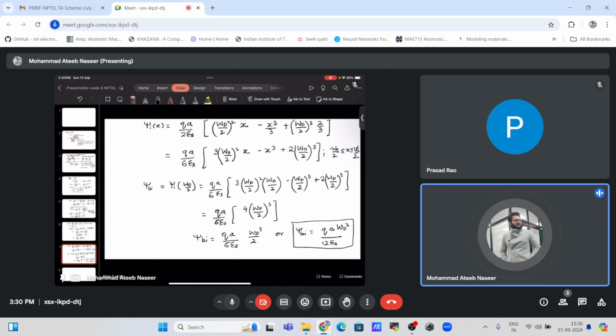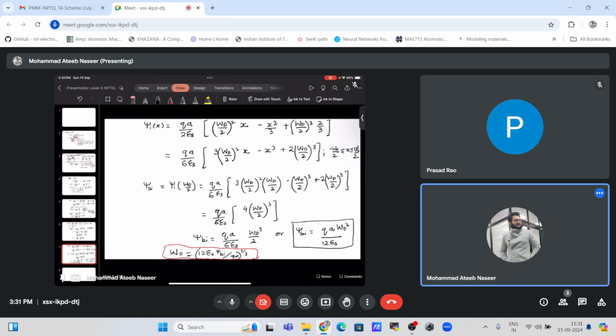Or the depletion width WD we can simply write to be equal to (12 times epsilon s phi bi by qA) raised to the power 1 by 3. So this is the value of the depletion width for the linearly graded PN junction.